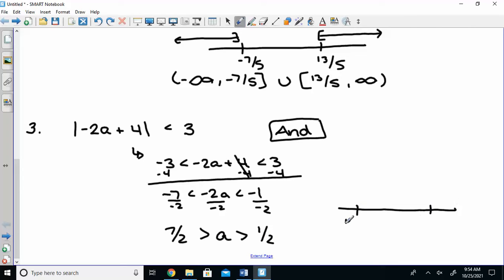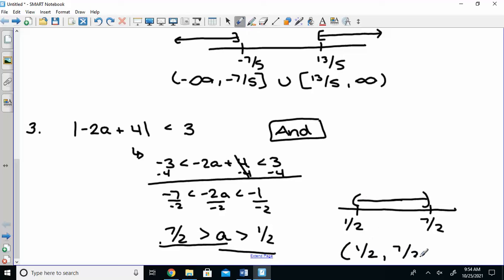Okay, not how we're used to seeing it, but this tells me that the a is smaller than 7/2 and it's bigger than the 1/2. It's just in between those. And that's the case every time it's an and, you're just going to get one interval for your answer.